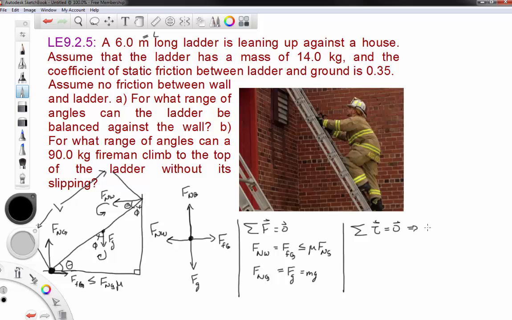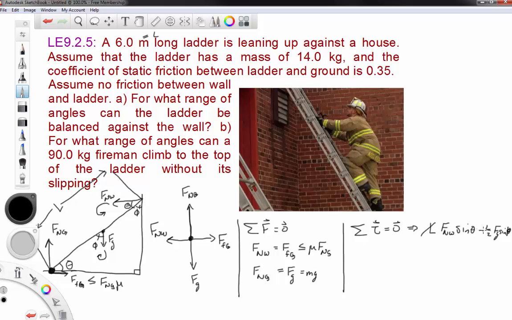So our sum of torques equation basically is going to give us that the length times the normal force between ladder and wall times the sine of the angle between them minus the length over 2 times the weight times the sine of the angle in between those is equal to 0.